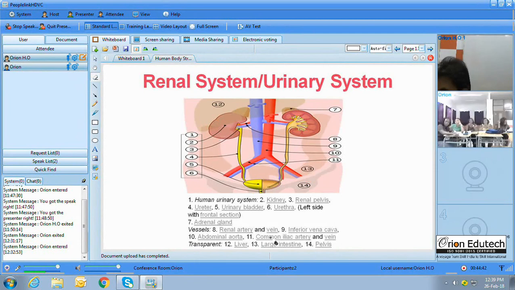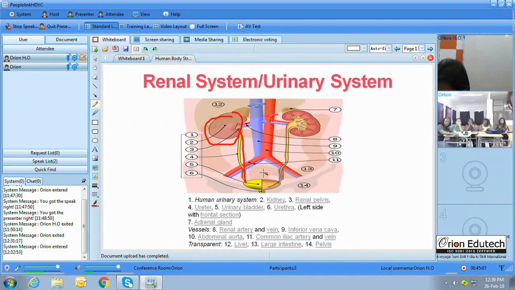Now, is this diagram clear? This yellow line is the ureter, and this is the kidney; this yellow line is generated from the kidney and attached to the urinary bladder.